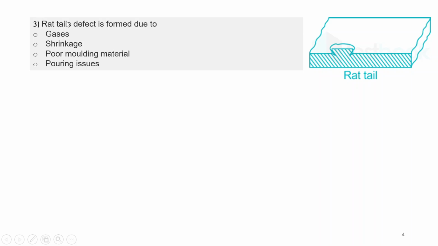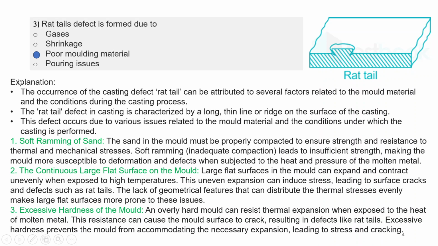Red tails will be the formation of some irregular lines on the outer surface of your casting. It looks like red tails, that's why it's called this. The answer will be poor molding material. One of the reasons for this defect is poor molding material.